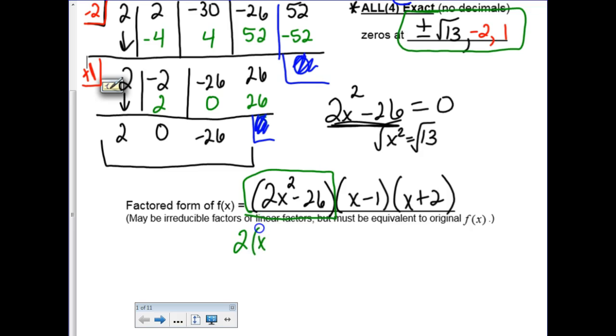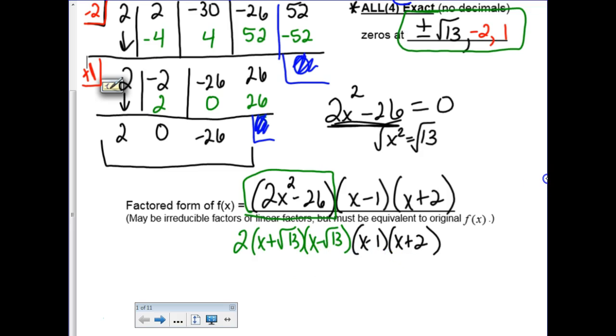You're going to factor it into x plus square root of 13 times x minus square root of 13. And I am totally okay with that. Technically, this 2 can be anywhere in your problem. You just can't have it multiple places. So don't have the 2 distributed into 2 different factors, because if you distribute 2 2's, you're really doing a 4.